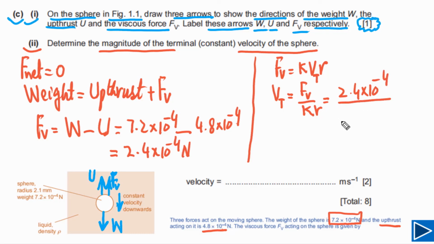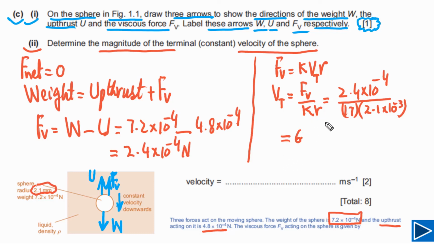And value of K is also given, equal to 17. K is a constant. R is the radius, and radius of the sphere is given, equal to 2.1 mm. So we can write 2.1 in SI base units: 2.1 times 10 to negative 3 meters. Now simply we need to solve this one and we can find out value of velocity.